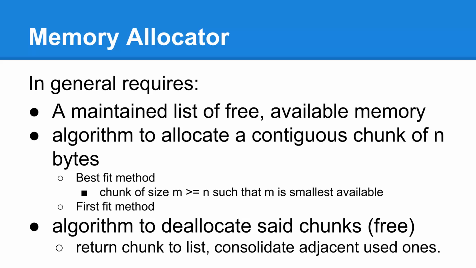In general, you have a list or multiple lists of free available memory, and by that I mean memory in the segment for the heap that is sliced up ahead of time. There are multiple types of slices. Each is of a specific size, and the compiler determines these sizes ahead of time.